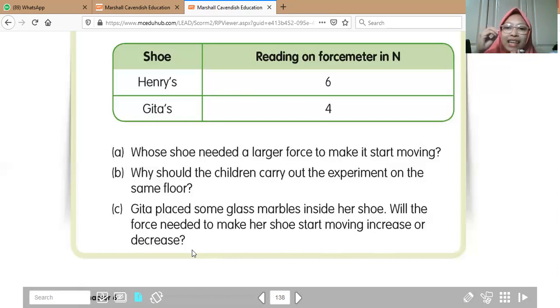If Gita puts marbles inside the shoe, what will happen to the force, will it increase or decrease, apakah lebih membutuhkan gaya atau tidak, meningkat atau menurun gaya yang diberikan if Gita places some glass marbles inside her shoe.